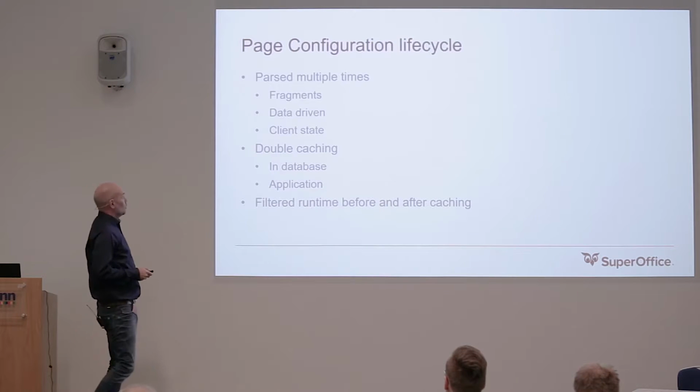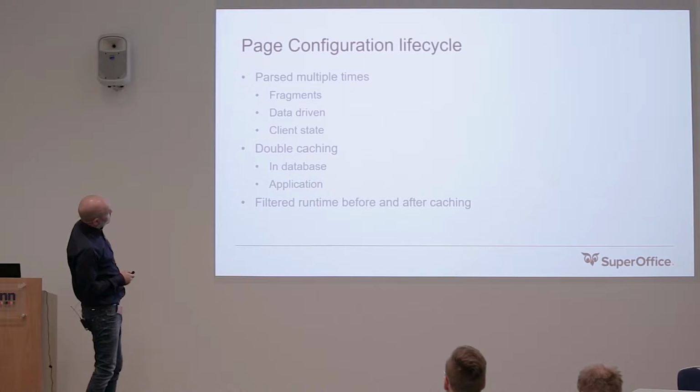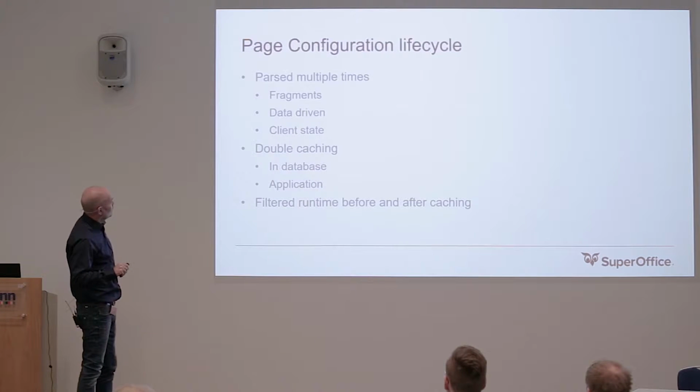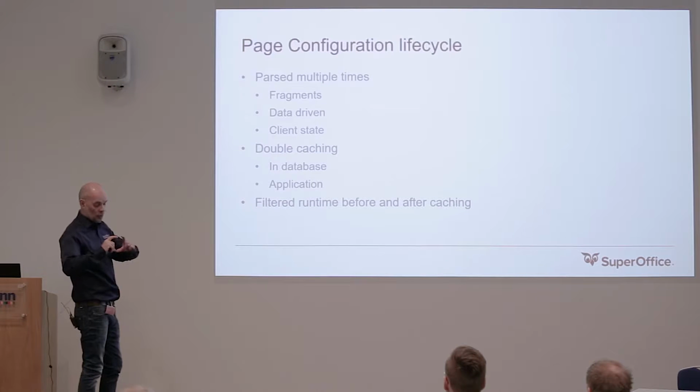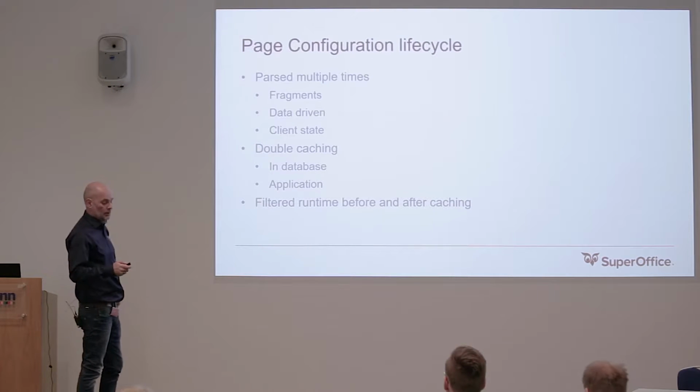So, this is probably what I said now. The page configuration is one file. The file contains references to fragments, or smaller portions of configuration, that are then expanded into the page configuration. The data-driven stuff and the client state will then add their stuff.